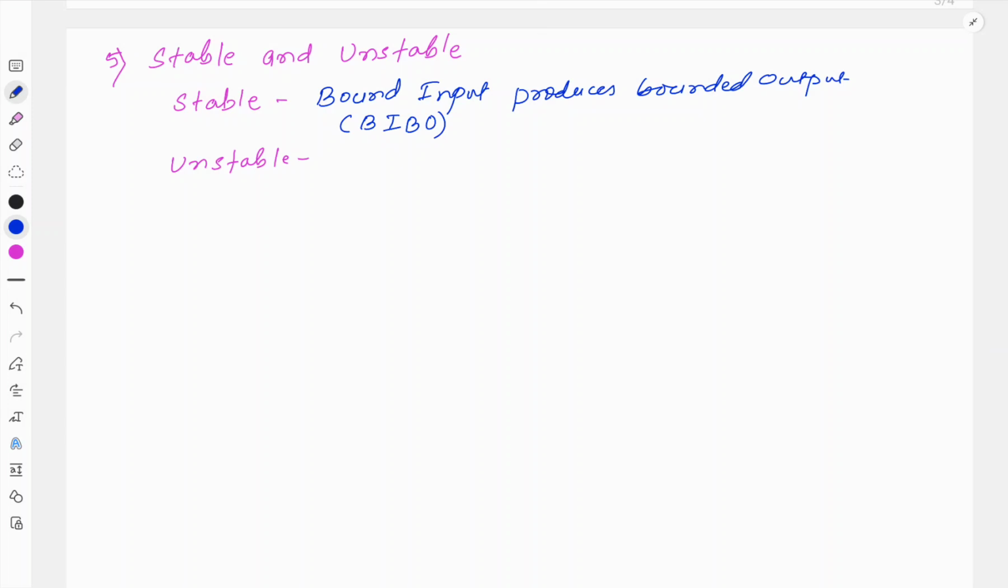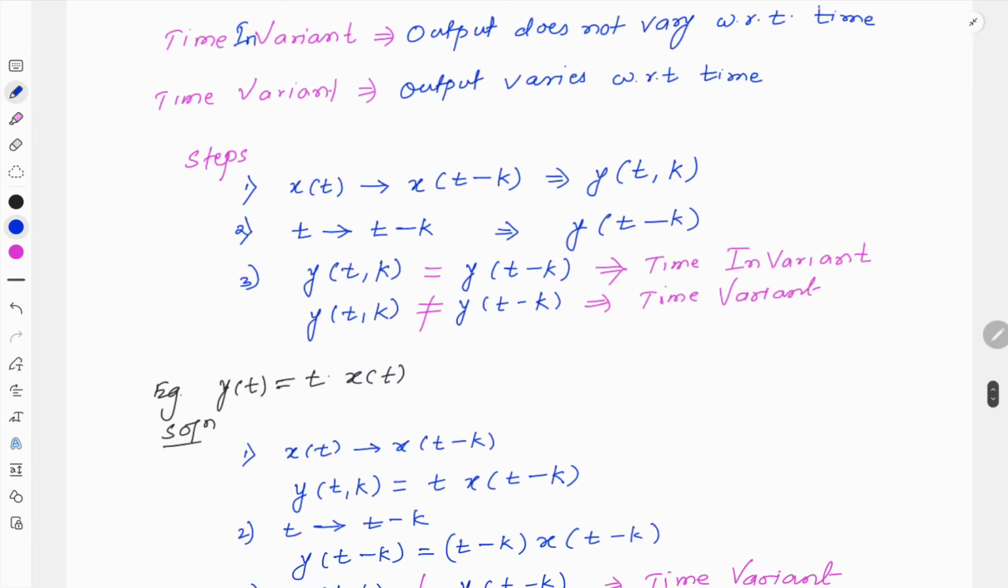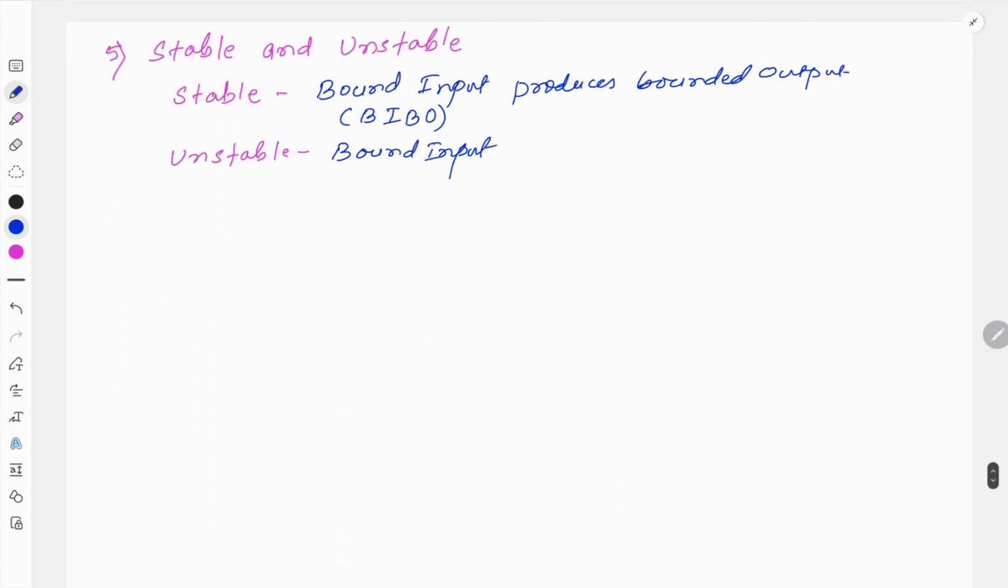For example, let's say y of t is equal to x of t. So y of t is directly dependent on x, and if the value of x is finite, my y will be finite. Under such cases, the system is called stable. And for an unstable system, bounded input will produce unbounded output.